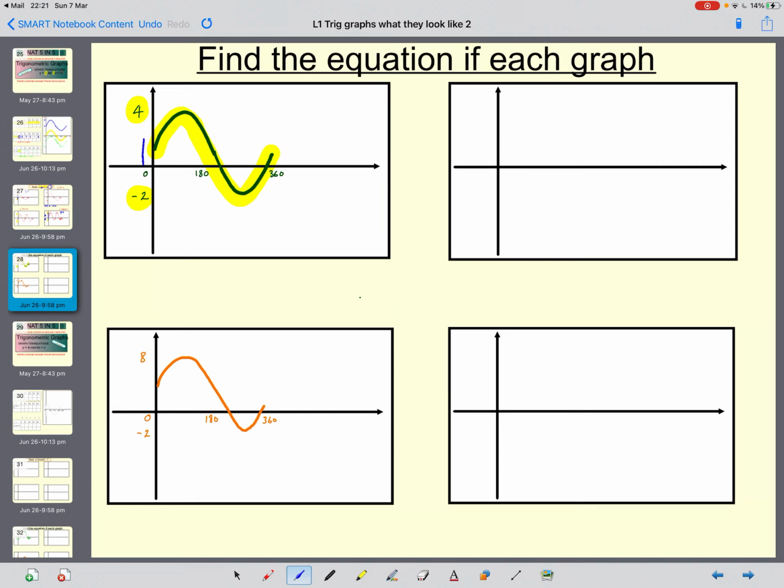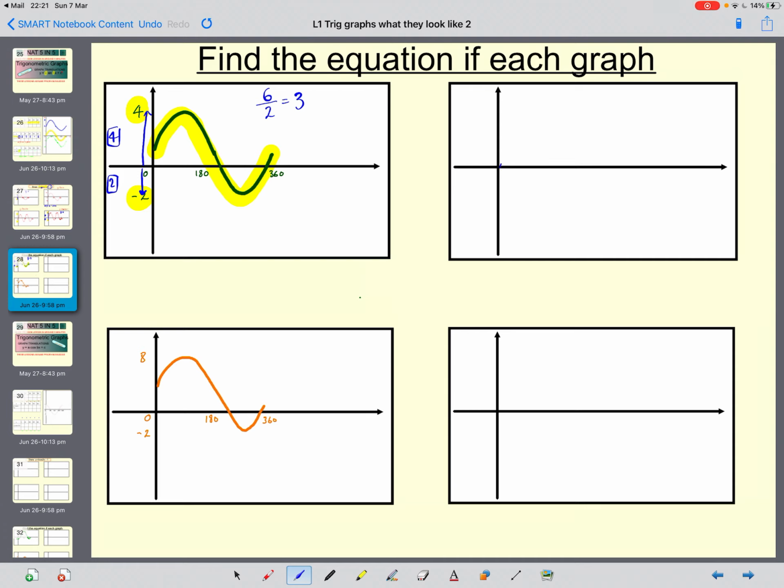So from the 0 up to the 4, obviously goes 4 places. And from the 0 down to the negative 2, obviously goes 2 places. So in total, there's a difference of 6 there. So if I half that 6, it gives me an amplitude of 3. So there's been a shift in this graph.